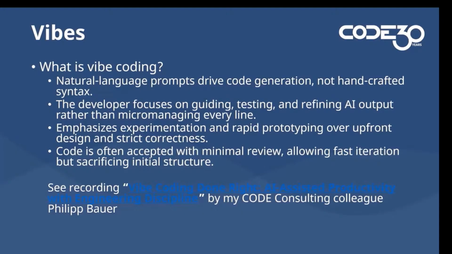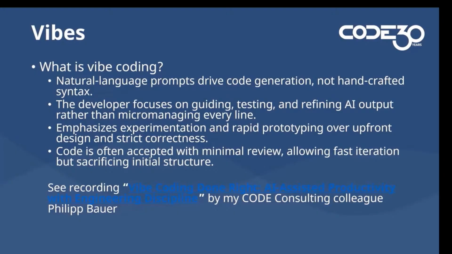The developer focuses on guiding, testing, and refining AI output rather than micromanaging every line, which is pretty much what I just said, and emphasizes experimentation and rapid prototyping over upfront design and strict correctness. Certainly, I think it helps with rapid prototyping. You can put things together very quickly, if you have good instructions and good context that you're providing.